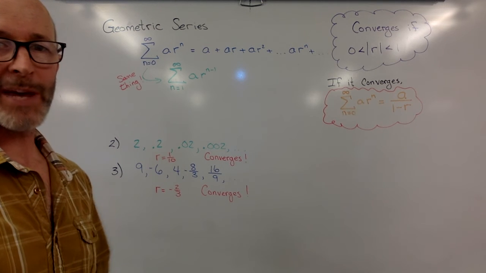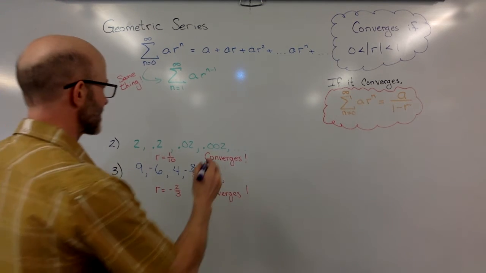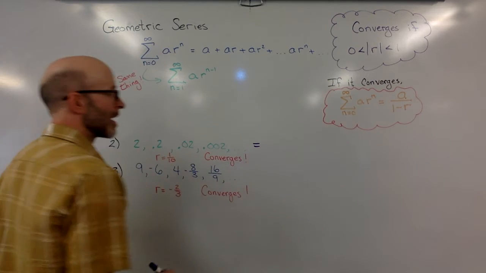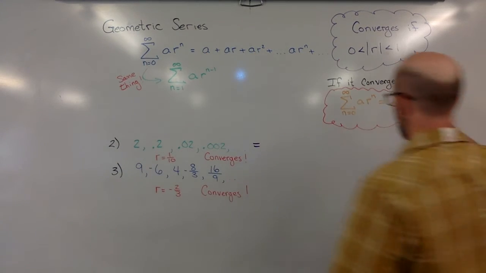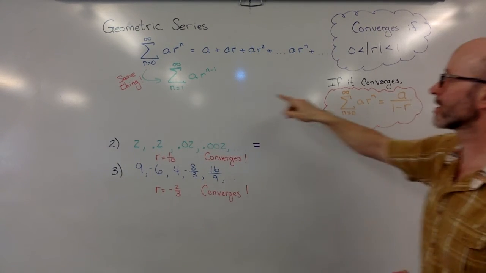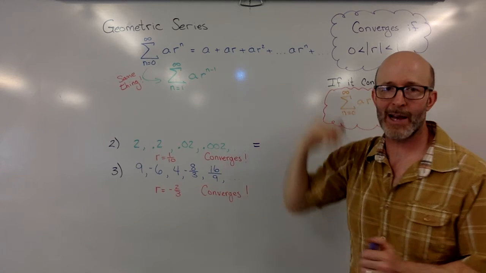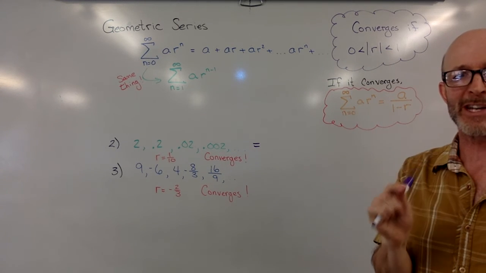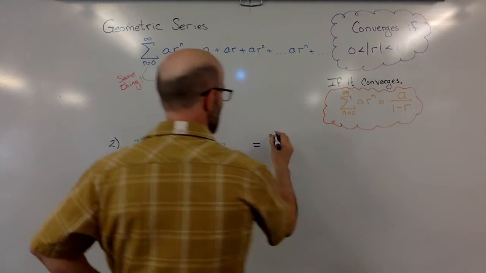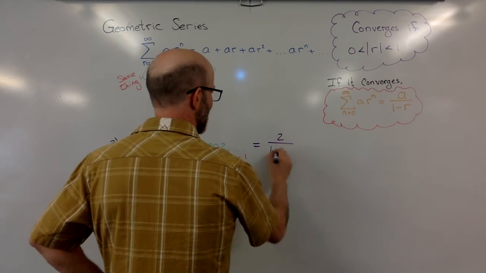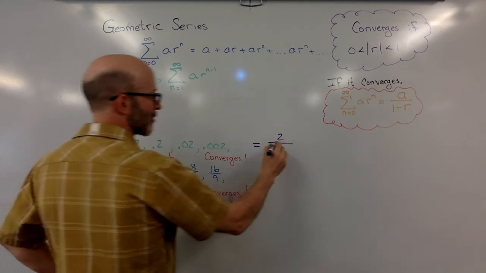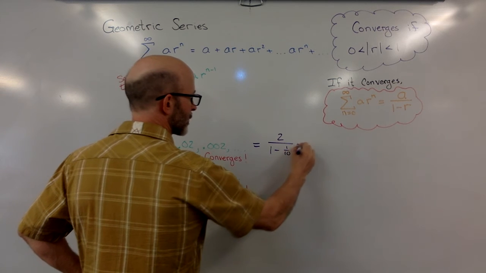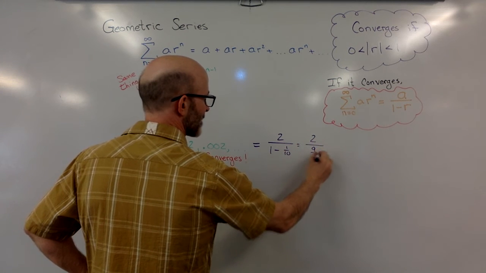Since we know number 2 and number 3 converge, we can say, if we add all those up, now, I know this says A, and it depends how this is written. A is your first term. A is your initial term. So you always take your initial term divided by 1 minus whatever that ratio is. So I've got 2 divided by 9/10.